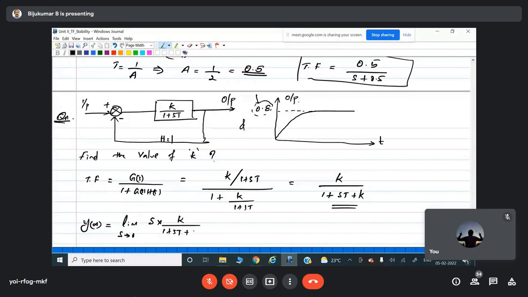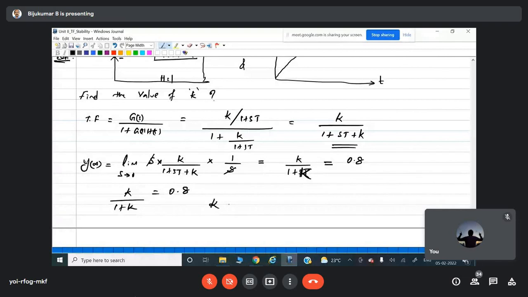The s cancels. We get K divided by 1 plus K, and it is given as 0.8. If you solve K divided by 1 plus K equal to 0.8, you get K as 4. This will be the answer.